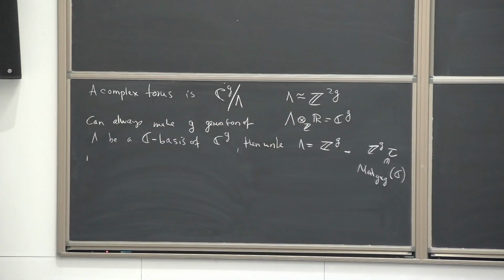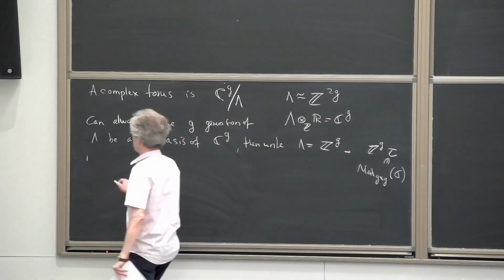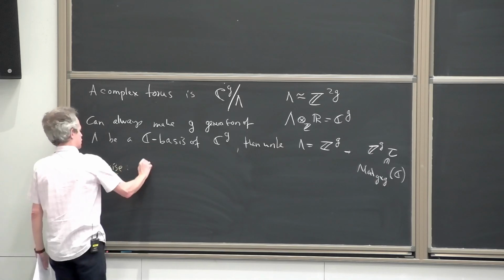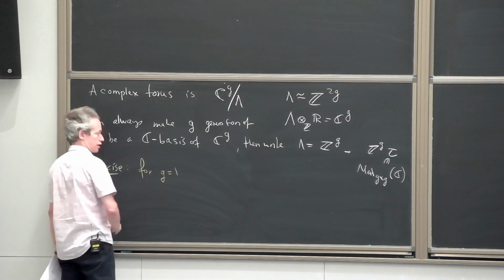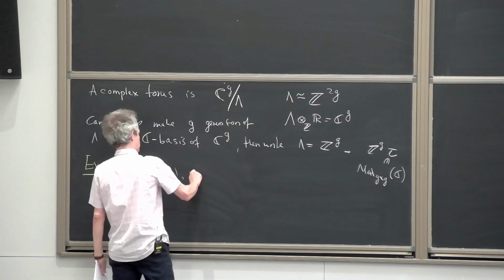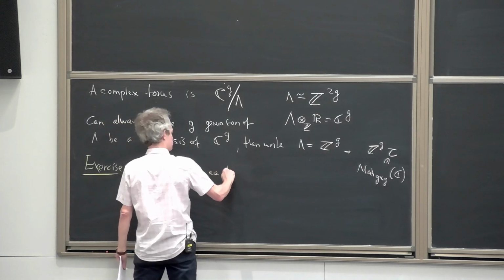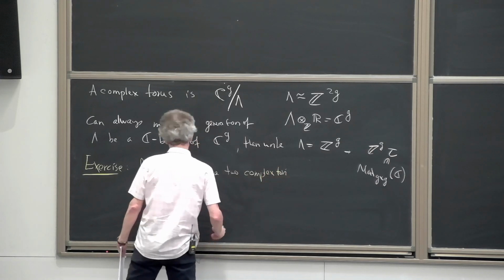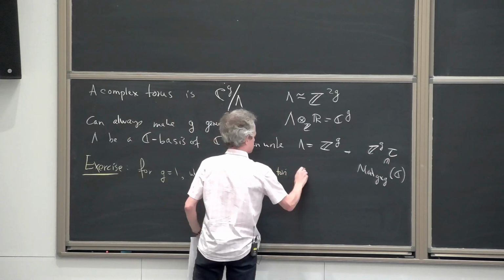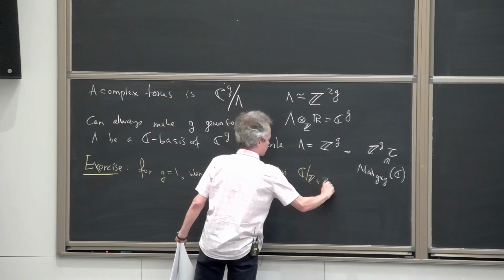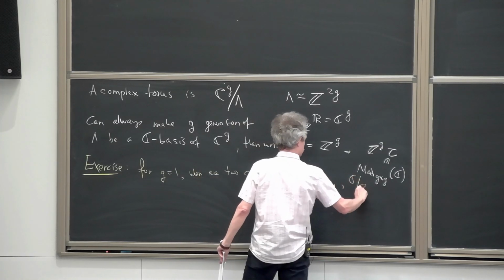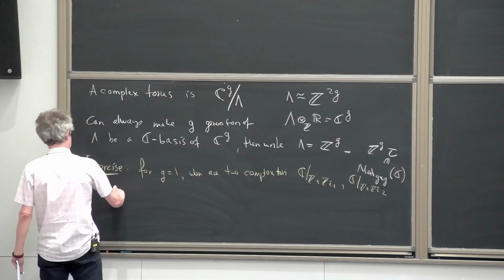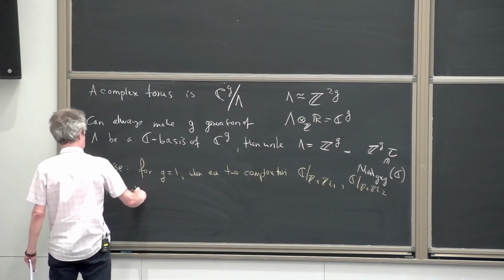So all of this leads me to an exercise, and I should keep my tradition of having some color for exercises. For g equal to 1, which is the classical case of elliptic curves, when are two complex tori, which of course you're going to think of as C quotient Z plus Z tau_1 and C quotient Z plus Z tau_2, biholomorphic?